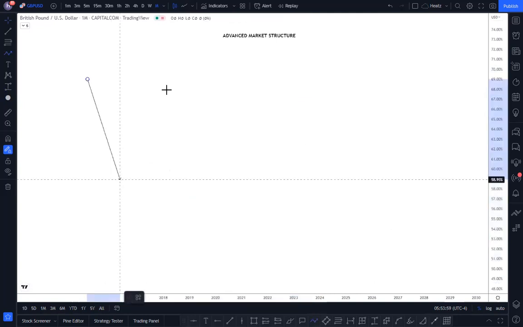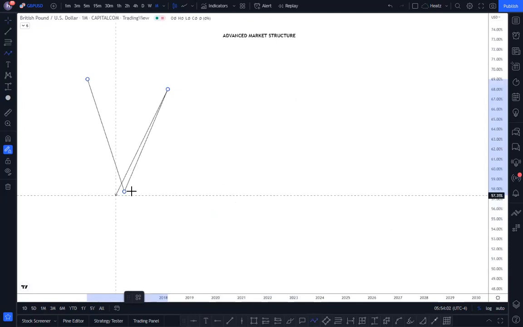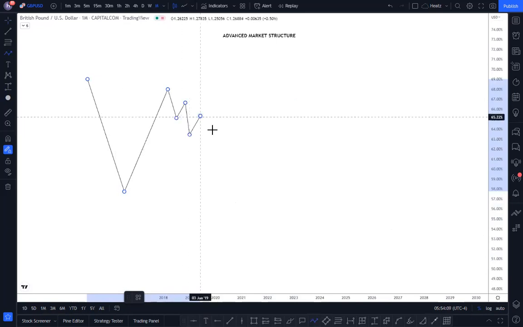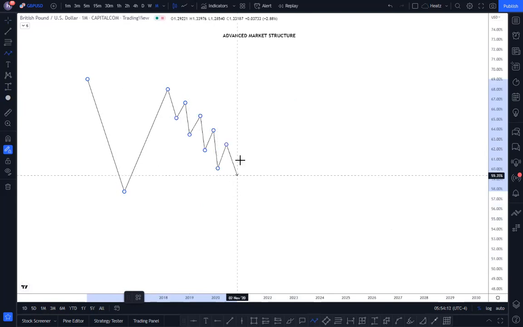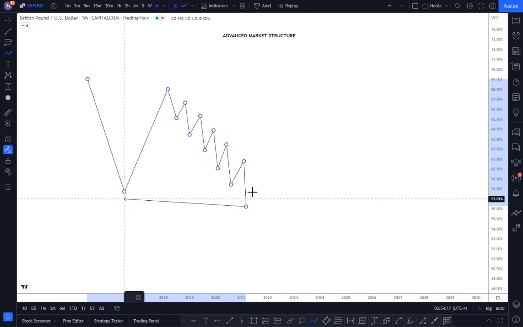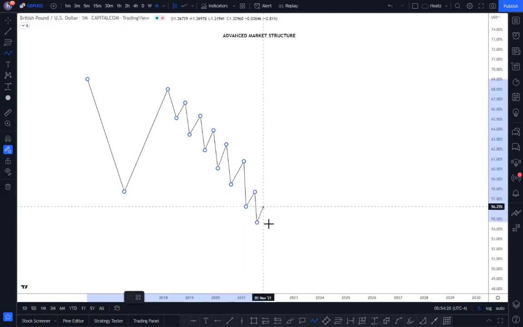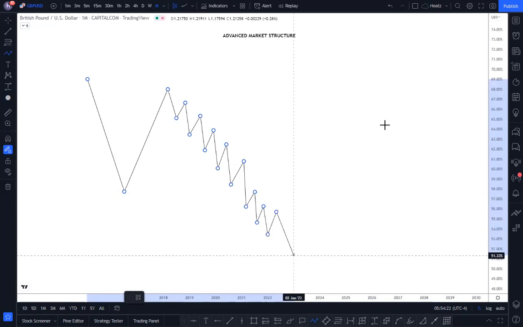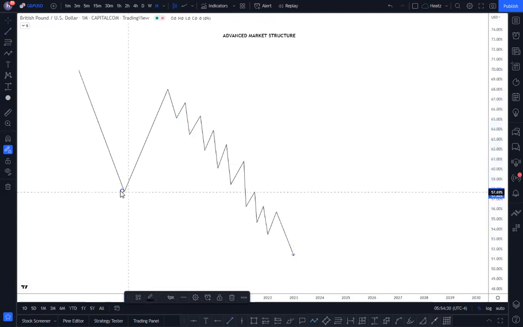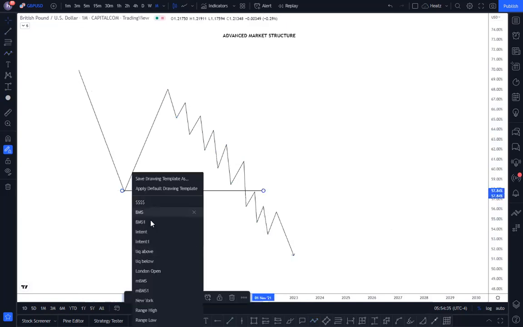So we see we have this structure here. Before price sought to take out this low, it will be creating its own structure here. After taking this main low, we'll start with the range structure. So this low was taken here.